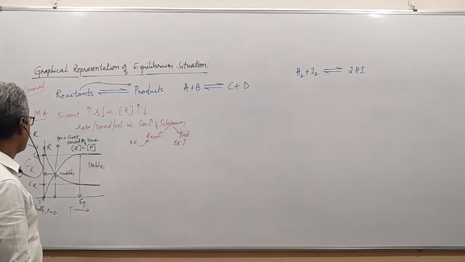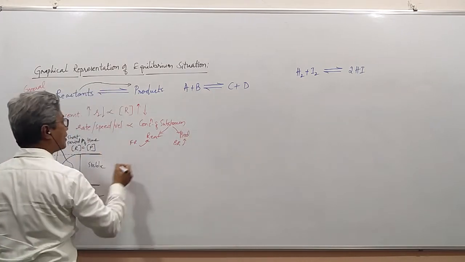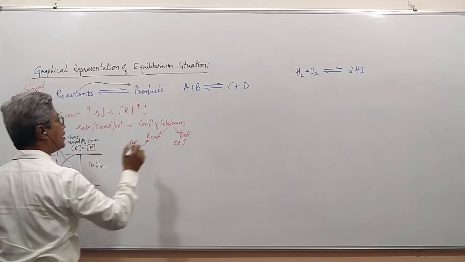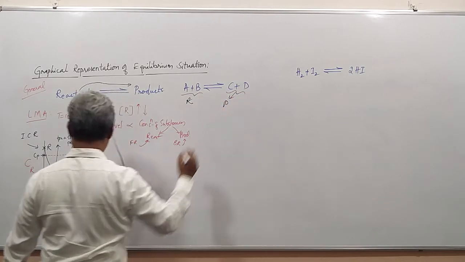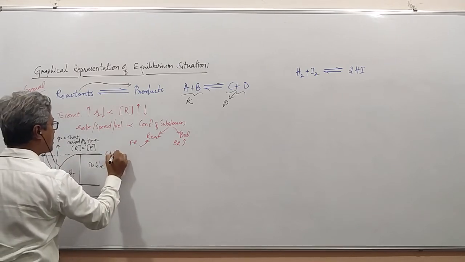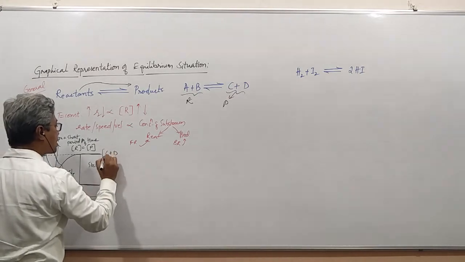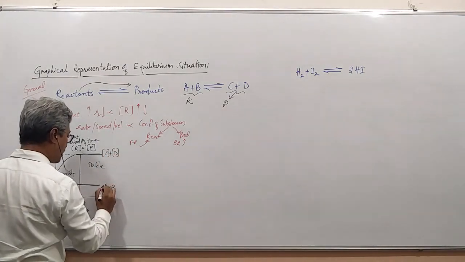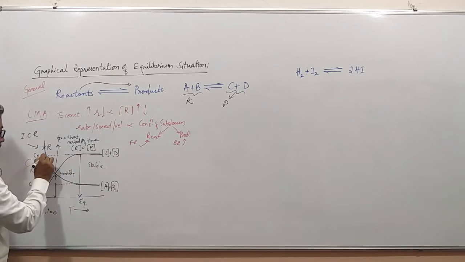Okay. Now, if this is to be represented in this form, see here, these are the reactants and these are the products. It means that this will be A plus B and this will be C plus D. Is it clear? That means the molar concentrations of C and D and of A and B are not changing at this stage.